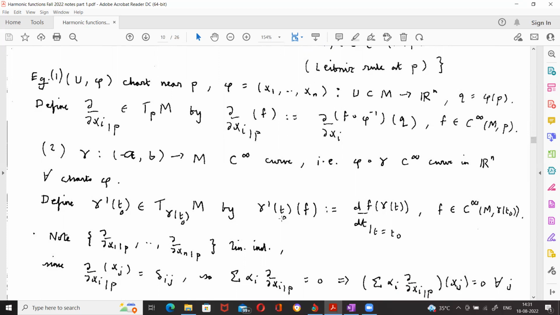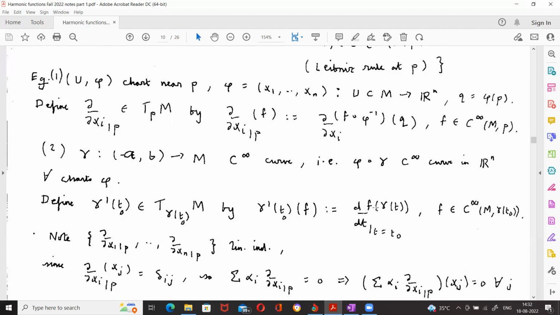Well, gamma prime t naught is supposed to act on functions defined near gamma of t naught. So I look at the function f composed with gamma of t. This is a smooth function from R to R, because I can write it as f composed with phi inverse, composed with phi, composed with gamma.